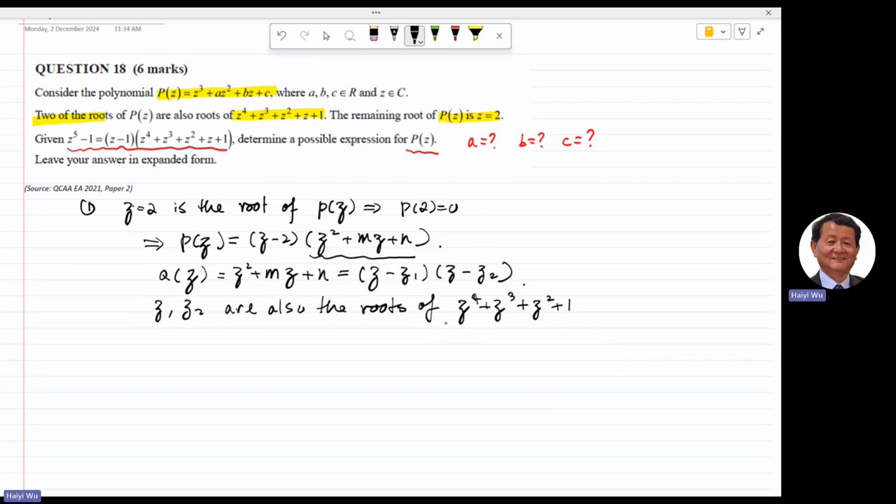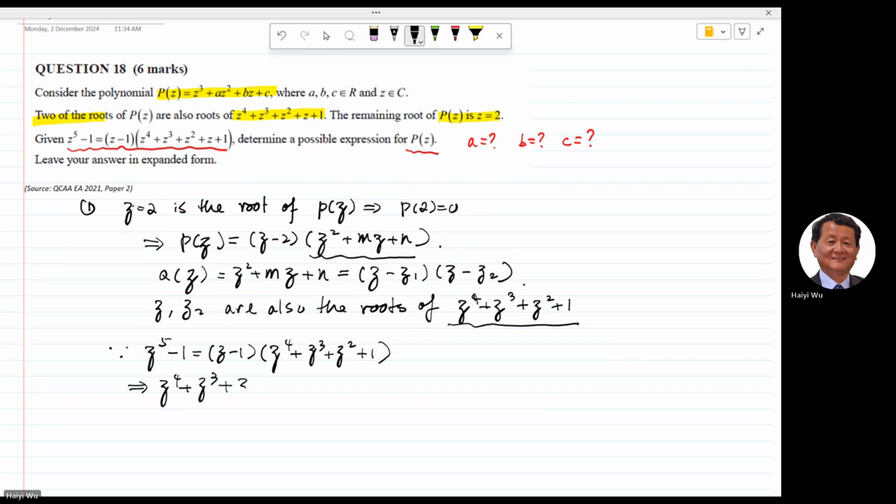This is the condition given from the question. So now we're going to decide what the roots of this particular function are. According to the given condition, z to the power 5 minus 1 equals (z minus 1) times the quartic, so the quartic must be equal to (z to the power 5 minus 1) divided by (z minus 1).